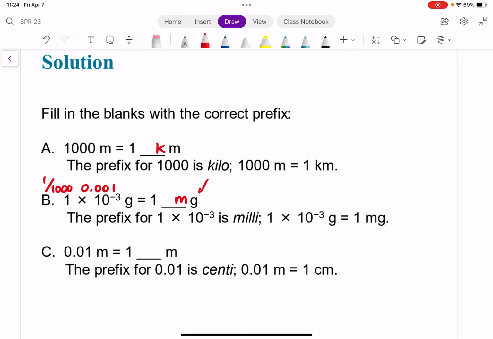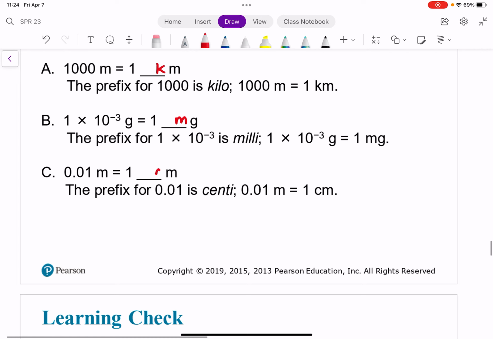Because milligrams are smaller than grams. All right, I hope that makes sense. And then for the next one, we have centimeters. So 0.01 meters, again, meters are larger, is 1 centimeter.